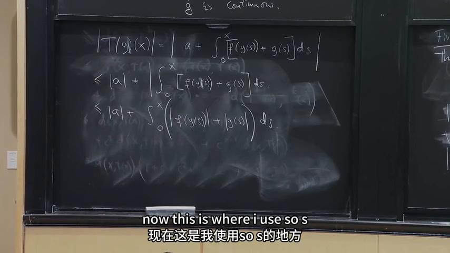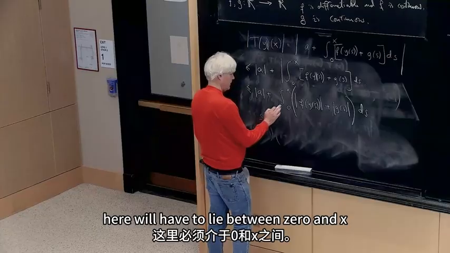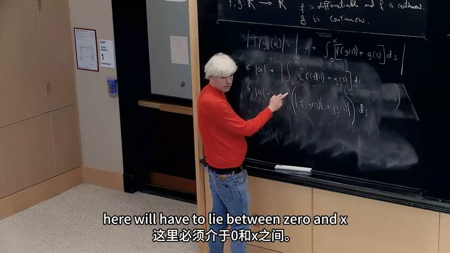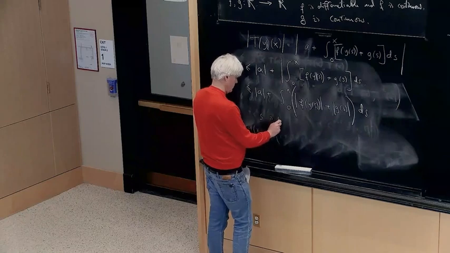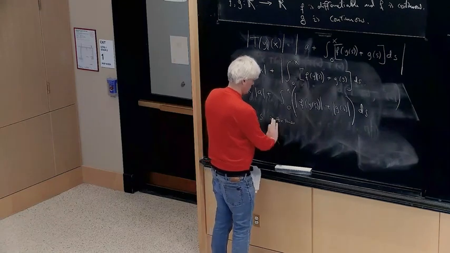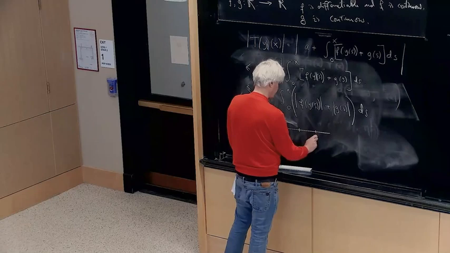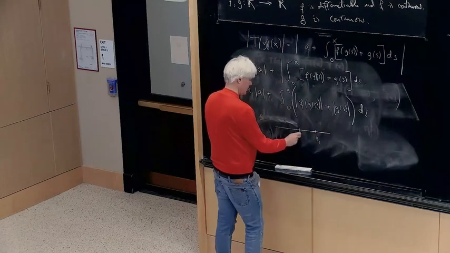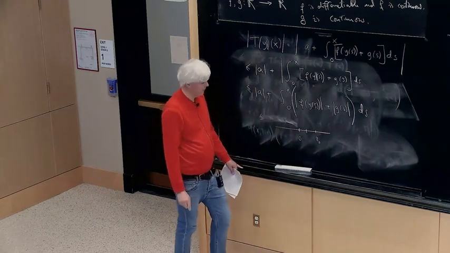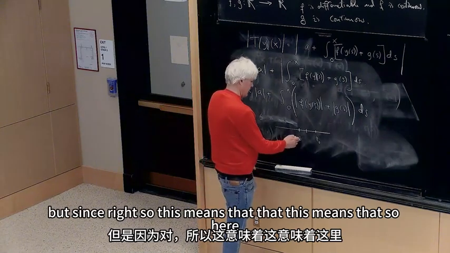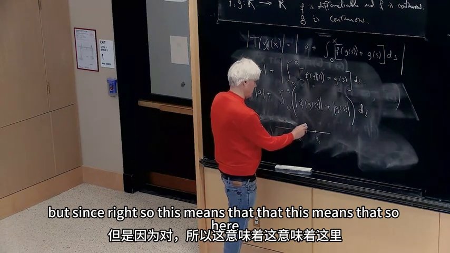Now, this is where I use that s here will have to lie between 0 and x, right? Let me just draw it here. So here I have 0, here I have delta 0, and somewhere here I have x.